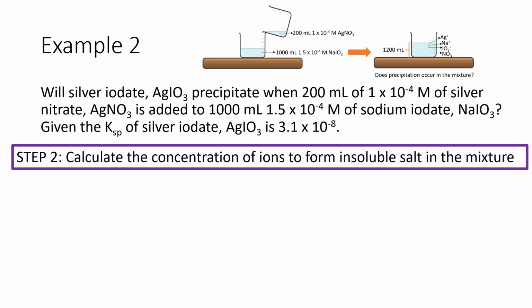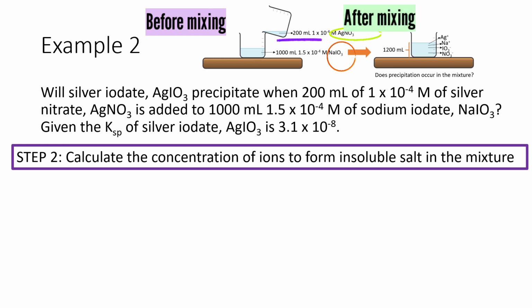During the reaction mixture preparation, two soluble salts, silver nitrate and sodium iodate, are mixed together. Before mixing, the silver nitrate solution is 200 ml. After mixing, the solution becomes 1200 ml. For sodium iodate, before mixing, the volume is 1000 ml.